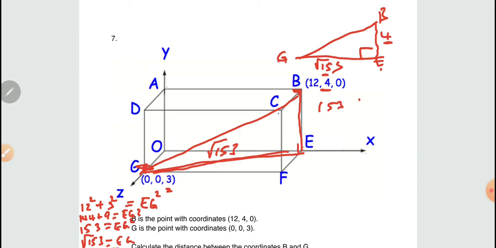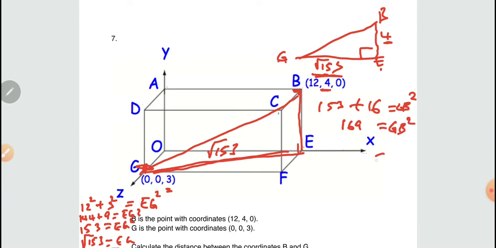So I've done this squared, and it's 153. 4 squared is 16, and that would be equal to GB squared. So what's 153 add 16? That's 169. So 169 is equal to GB squared.